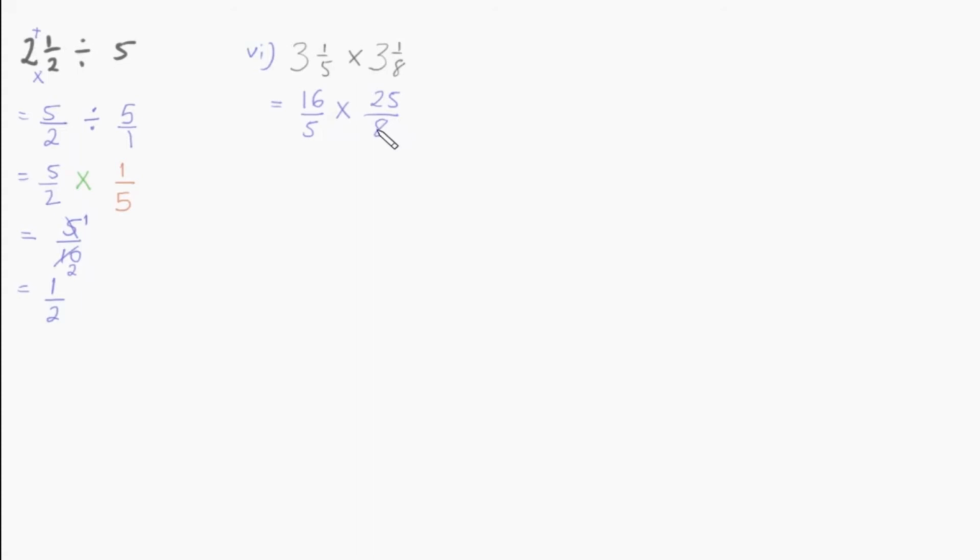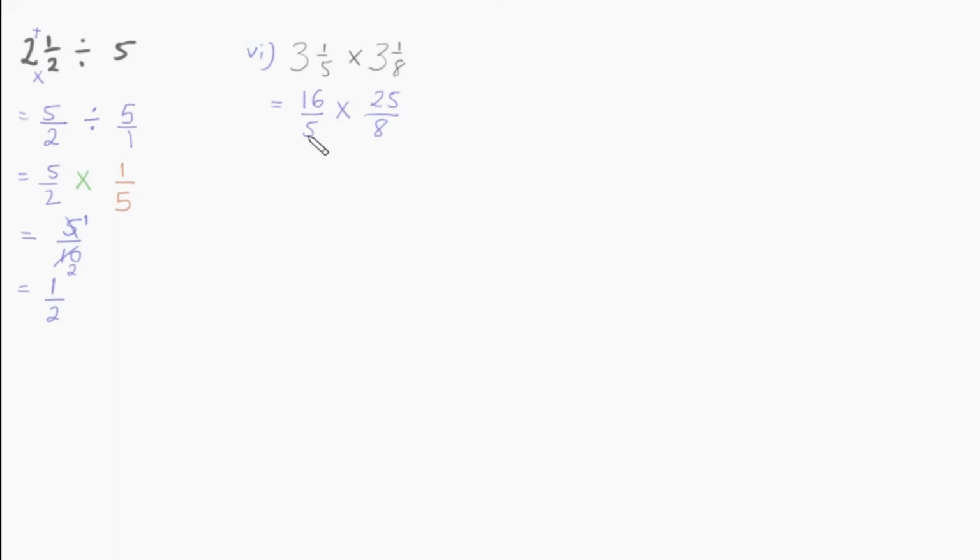Now, when I look at the numerator, 16 times 25, wow, it's a big number. So you may find a way out and say, okay, can I reduce these numbers? Yes. You can just simplify first. When you simplify, you can look crosswise like this.